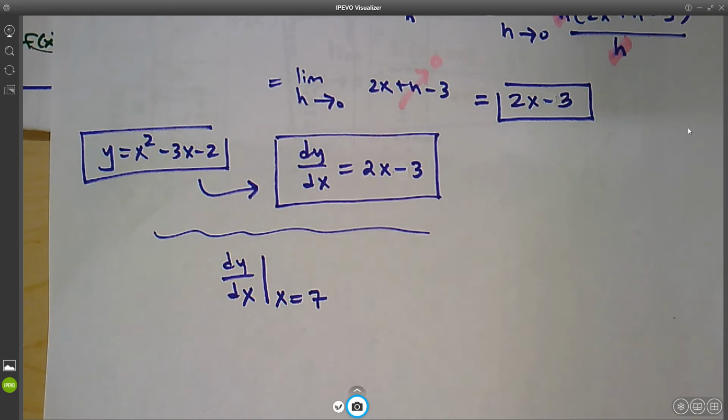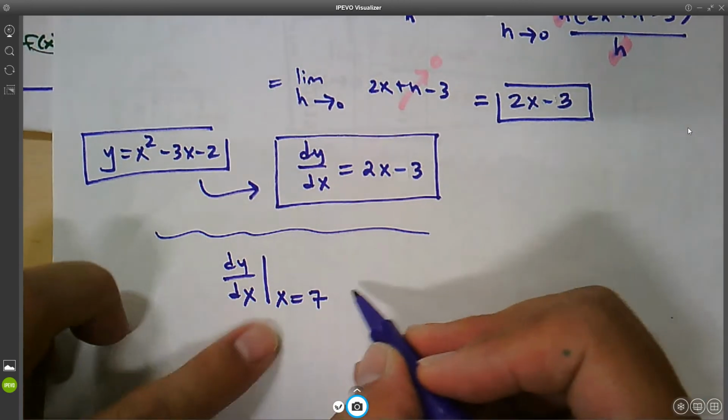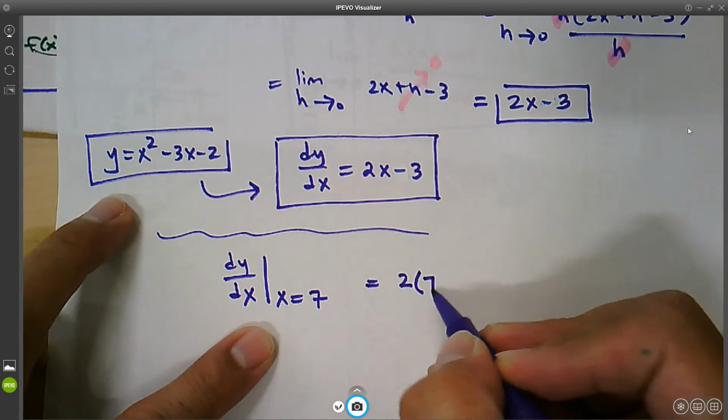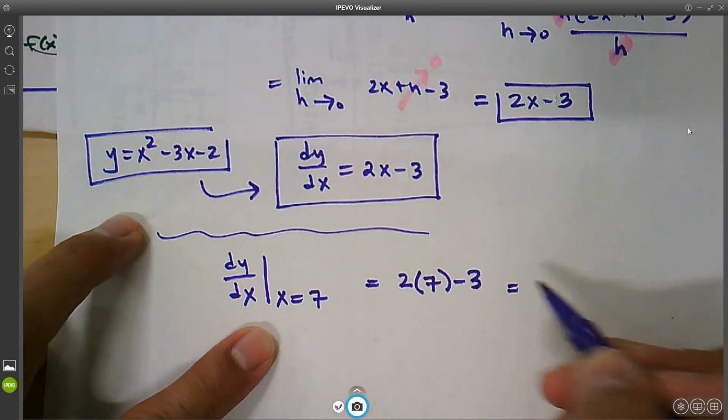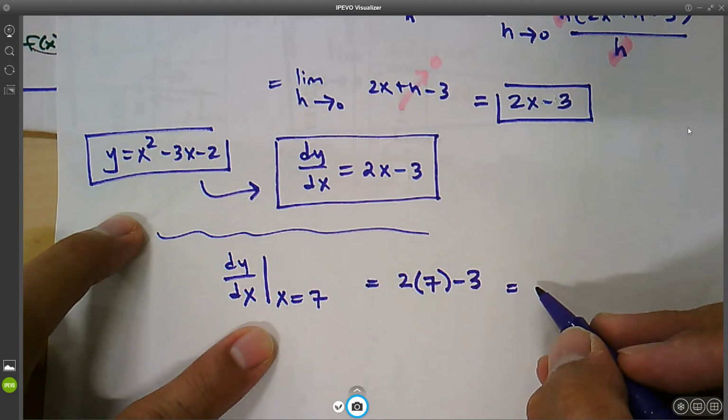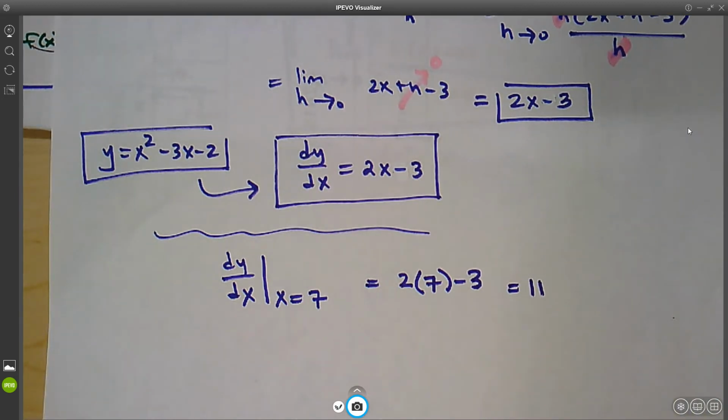Just because that's where we will place that. Okay, then you're going to say, well, that is equal to 2 times 7 minus 3. 11? So the derivative evaluated at x equals 7 will be 11.